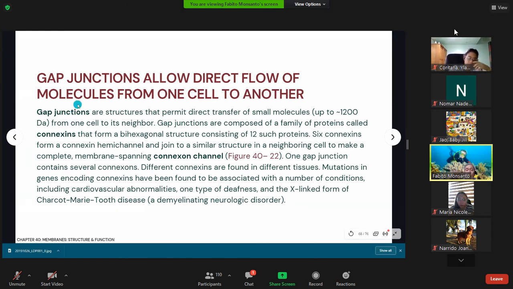Now, imagine you have two cells near each other, and imagine that there is a pipe from one cell to another. So materials from one cell can go to the other cell, or from the other cell towards this cell here. No? Okay.